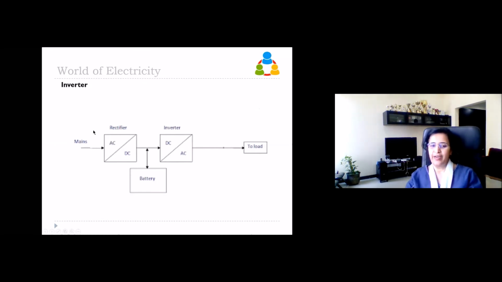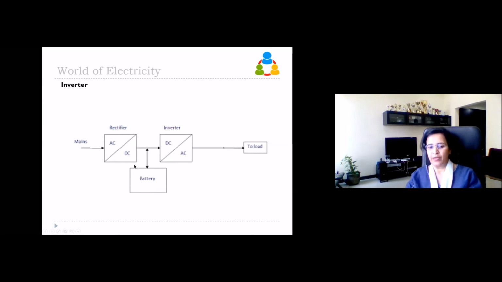There is a device called a rectifier. It converts AC into DC, and that gets stored as DC in the battery. After that, when this supply goes, there is a sensory circuit in this.